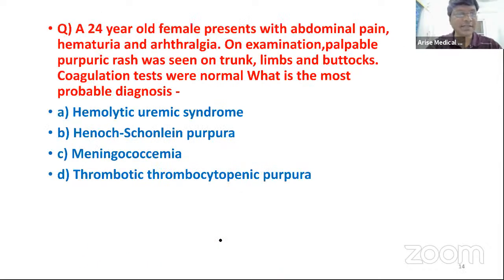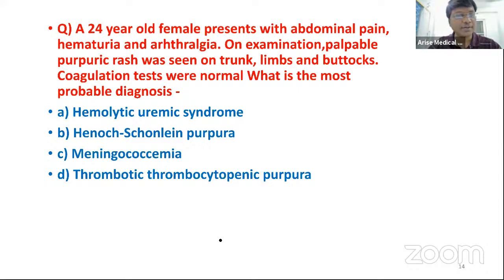Now, this is another very important question, and let me see how many of you can answer this. We have a 24-year-old female who presents with abdominal pain, hematuria, and arthralgia. On examination, a palpable purpuric rash was seen on the trunk, limbs, and over the buttocks. Coagulation tests were normal.